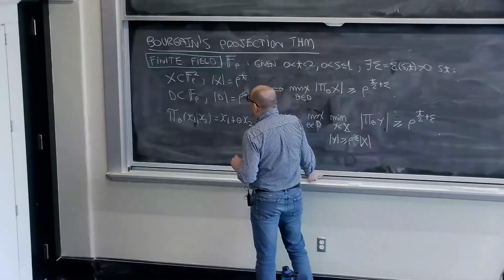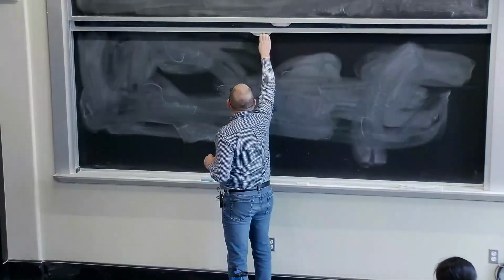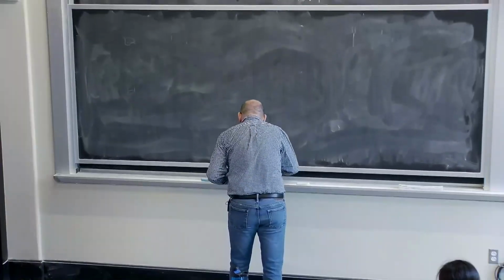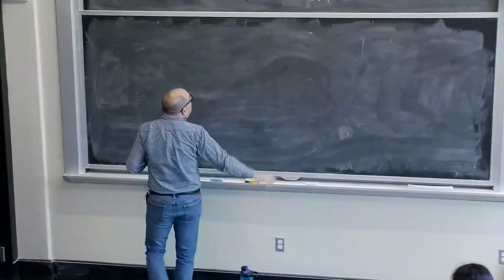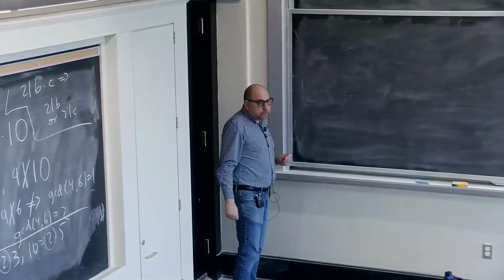Okay, so before moving to the Euclidean case, let me make this remark on the trivial bound. So the trivial bound is p to the t over 2, just without the epsilon.